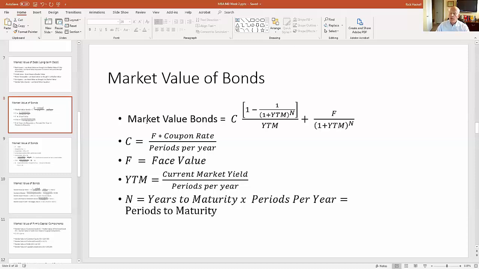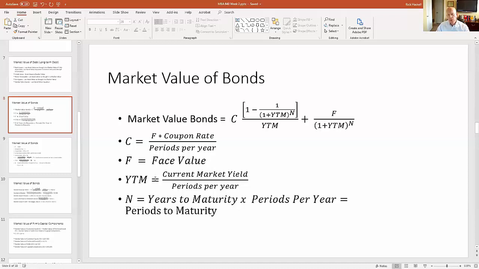So the coupon payment comes from the dollar value of the face value times the coupon rate divided by the periods per year. Well, face value, as I've already told you, is $1,000, and we'll always assume that the $1,000 is constant for this.